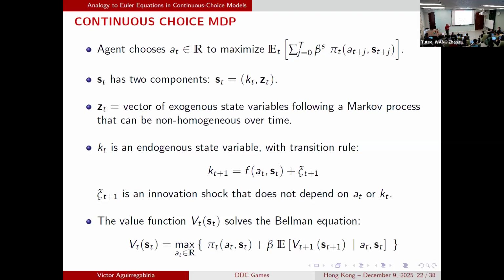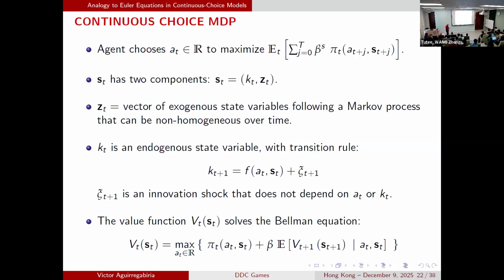Let me remind you about these Euler equations. Let's consider the same notation as before, but now A is a continuous variable. This can be extended to multiple continuous variables.